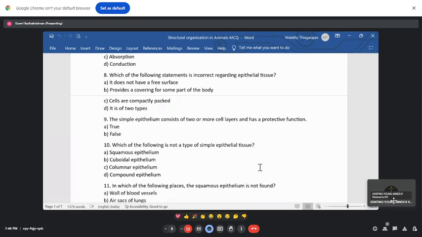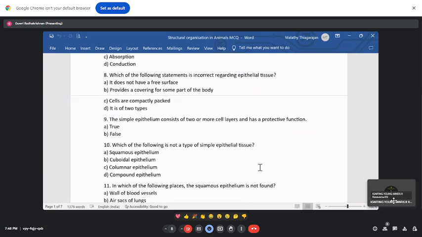Which is not true now. It does not have a free surface. That is not true. It has a free surface because one part is attached to some portion, either skin or under the skin or a blood vessel.